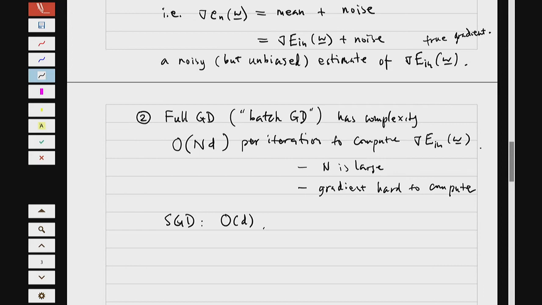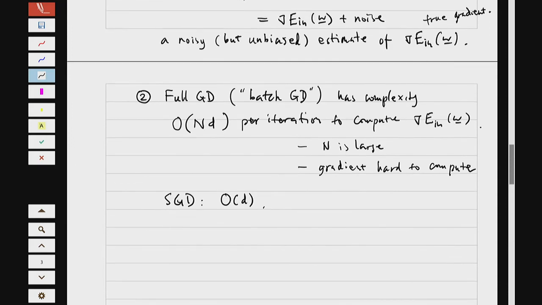Because you don't really need n data points in big data to go just one step. So one point is better than using all of them in general. You can go many more iterations, n times more, in fact.